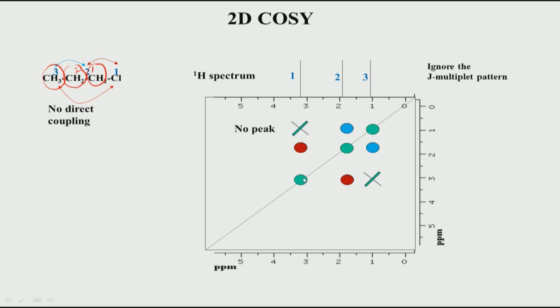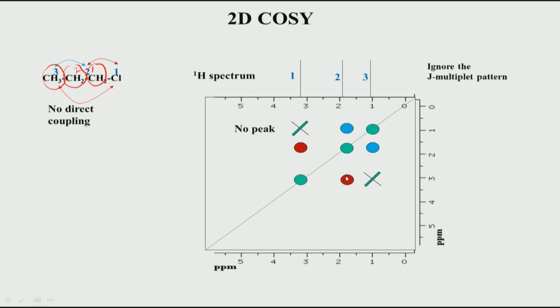Because 1 is not coupled to 3. This line arrow which I am showing is an indication of coupling between 1 and 3, but there is no coupling. We do not expect any direct coupling from 1 to 3. So, in a COSY you will not get any cross peak between 1 and 3 for this molecule. Similarly, from here you will not get a 3 to 1 connection. So, this portion will be empty.